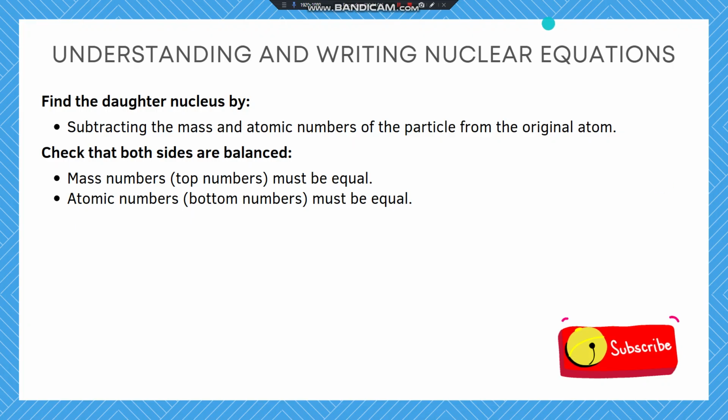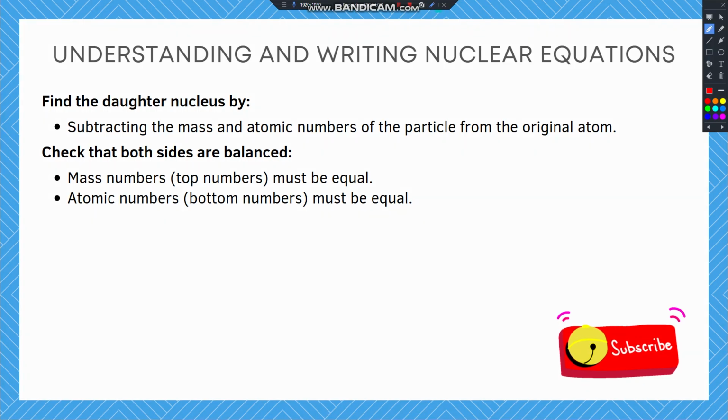And then the next thing is to know how to find the daughter nucleus. I told you the daughter nucleus is the final product after the radioactive decay has taken place. So you find the daughter nucleus by subtracting the mass and the atomic numbers of the particle from the original atom. So here is what we mean. Let's say the original atom, as we saw in the previous slide, is uranium. So we have the mass number 238 and the atomic number 92.